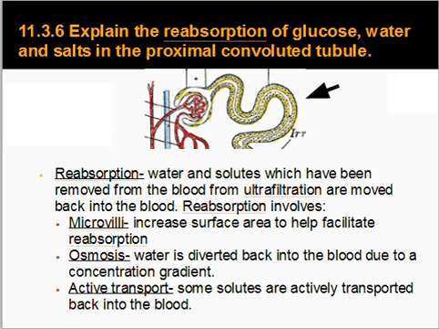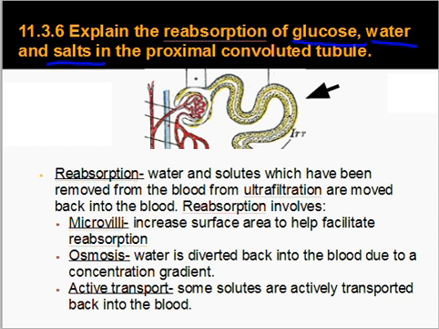That ultrafiltration pushed the urea out of the blood plasma and into the tubules that are going to lead to the collecting duct. The problem is that it also pushed out water, glucose, and salts into the convoluted tubule, and those are things that we want to keep in the blood. So we actually have to get that stuff back, and that process is called reabsorption.